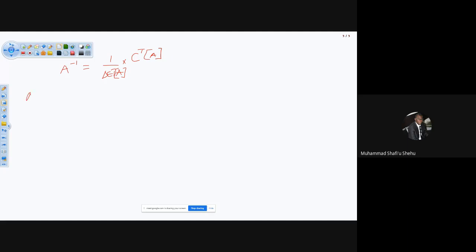So the determinant of A is going to be like this. We have our A as 0, minus 1, minus 1, 1, minus 2, minus 1, and 1, minus 2.